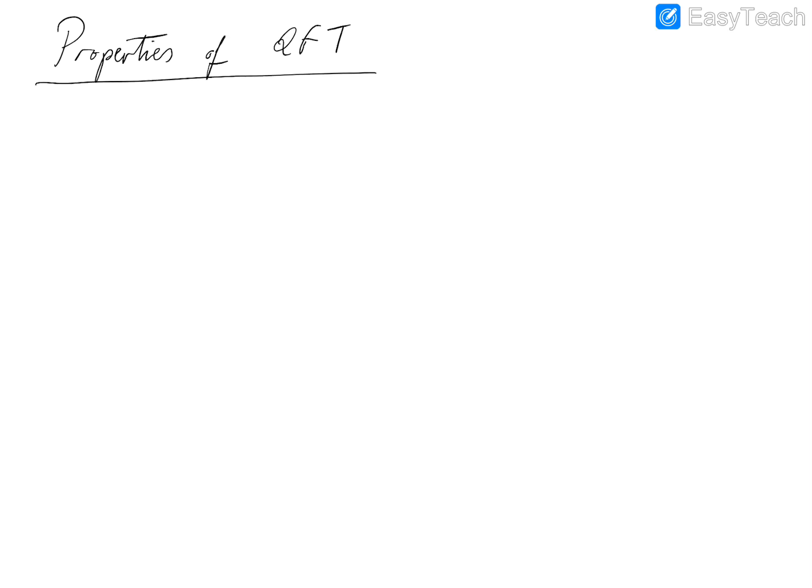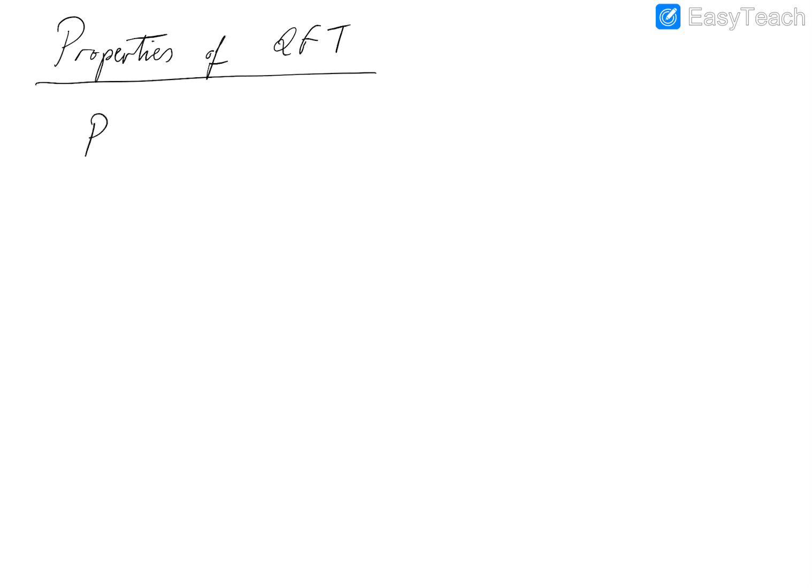Recall the matrix representation of the quantum Fourier transform. If we consider the matrix representation of QFT, we can easily see that it's a symmetric matrix, but moreover it's a unitary operation.